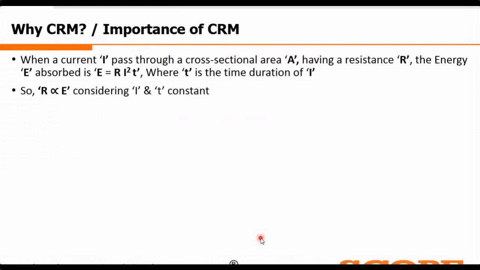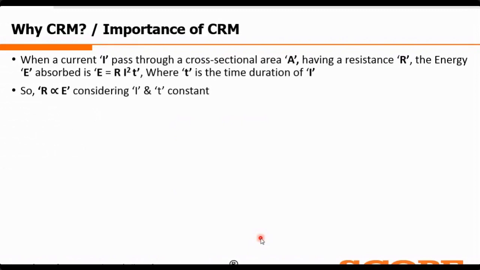Because of the high magnitude fault current, two things may happen. One is that heating will happen across the contacts, mainly at the sharp edges of the contacts.